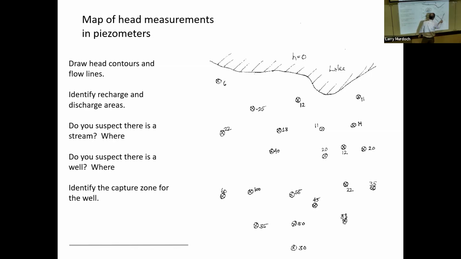So if there's a stream right here, that would be a gaining stream. So that seems what we would have. Okay. So what we need to do now is draw in the flow lines. So here's the way we'll do it.